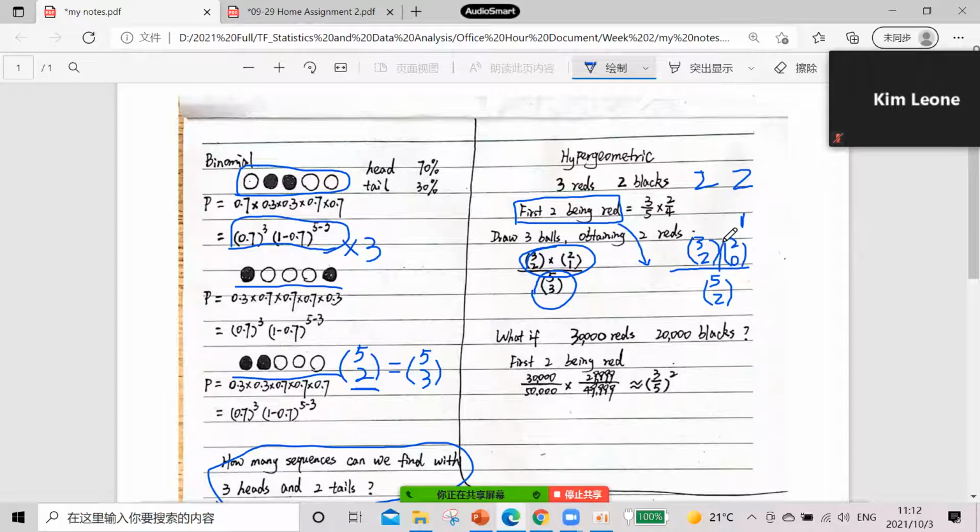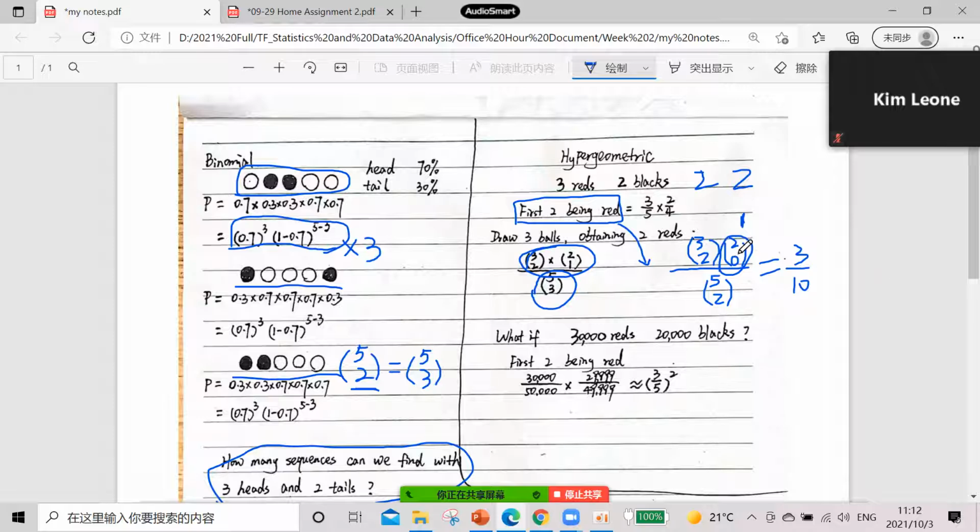So as long as it's something choose 0, you don't choose anything; you only have one option. So if you plug in those numbers into the formula, it's essentially what I wrote here, 3 over 5 times 2 over 4, which I think is 3 over 10.